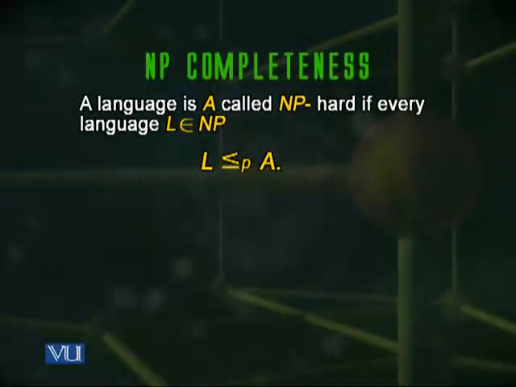A language A will be called NP hard if every language in NP is reducible to A. Well, we will call a language NP hard if no matter what language you take in the class NP, that language reduces to this language A in polynomial time.